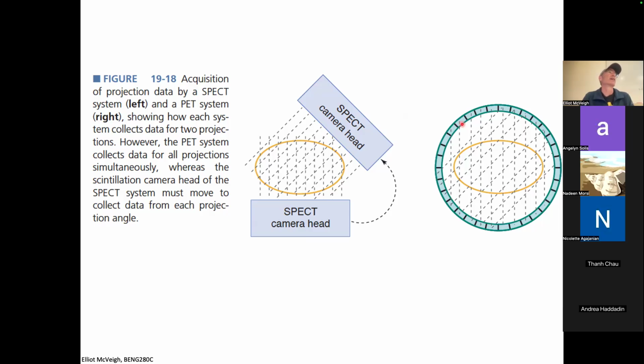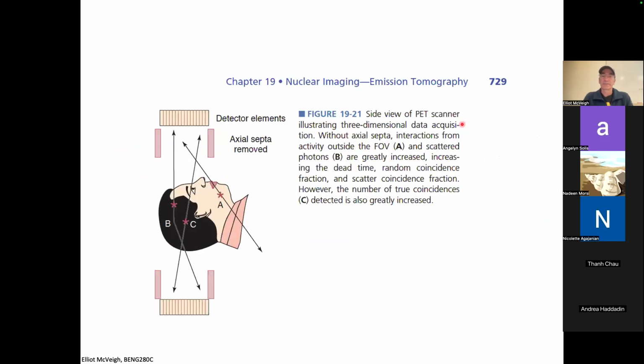So you get a lot more data per unit time because everything's open and reading the data at the same time, right? So that means that we can collect a critical number of events and lines of response per unit time and build up our projections much more quickly.